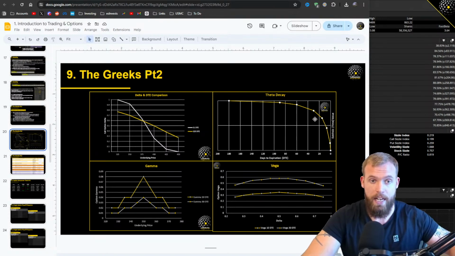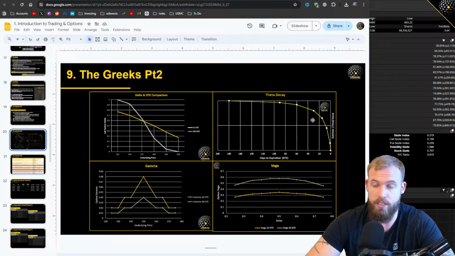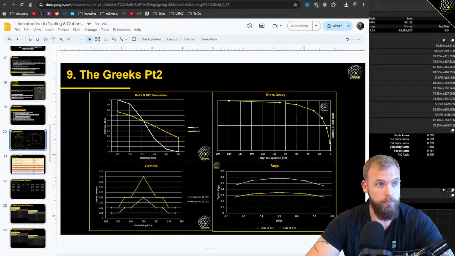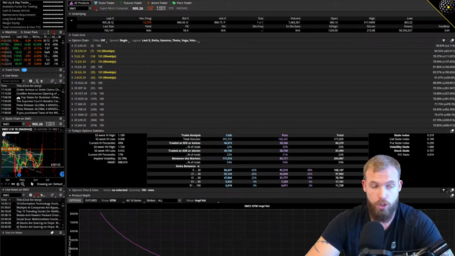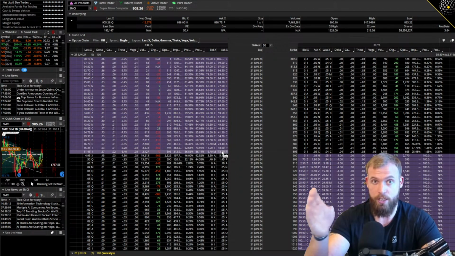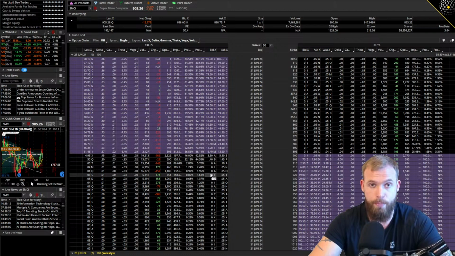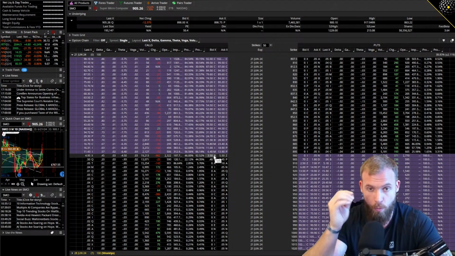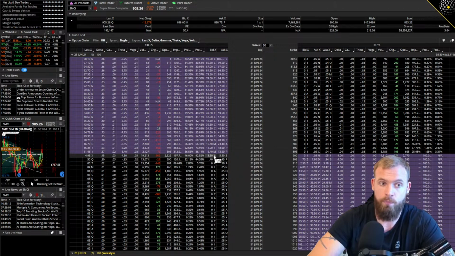That's theta decay. That is all of the extrinsic value starting to bleed out of the options super fast, because going back to what we were just talking about, all options expire. And if it's coming up on expiration, whether it's in the money or out of the money, it doesn't matter. All of the extrinsic value has to go away because there's no more time left in the contract.